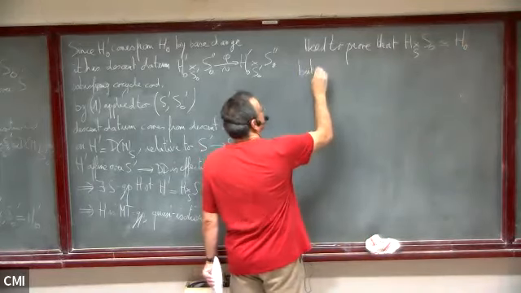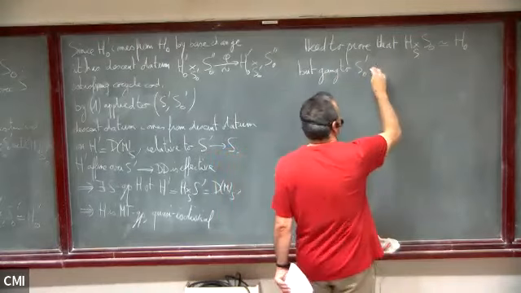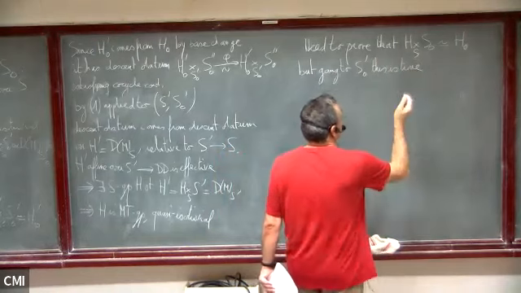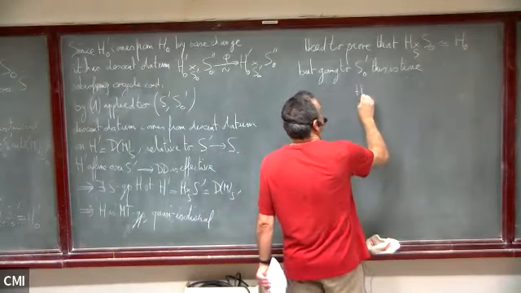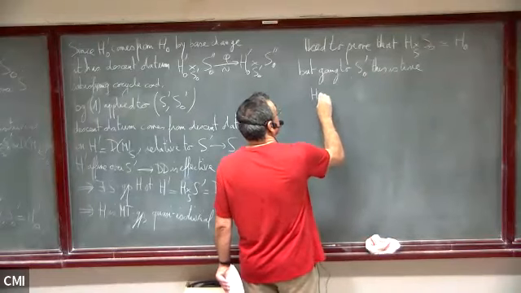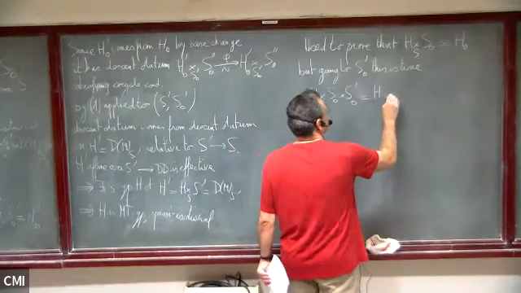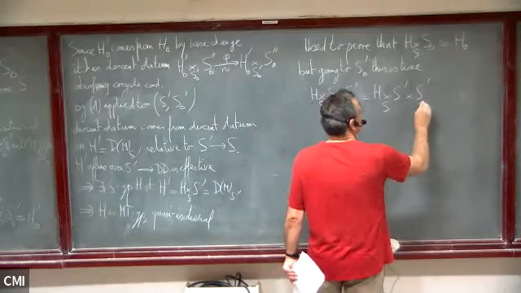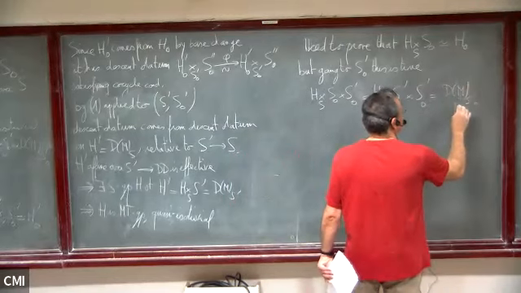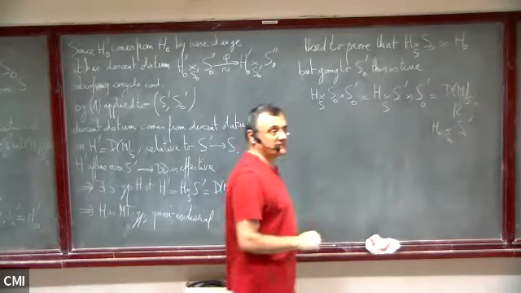But going to S prime 0, this is true, because H cross S prime 0, so this is the same as H cross S prime cross H prime 0. So this is D of M S prime 0, and this is precisely isomorphic to H naught cross S0, S0 prime.